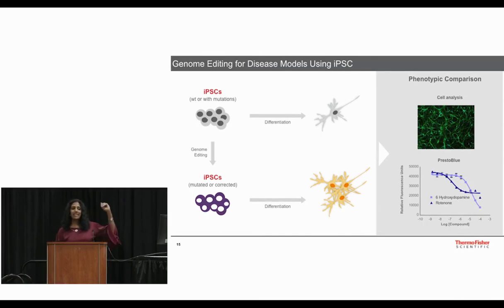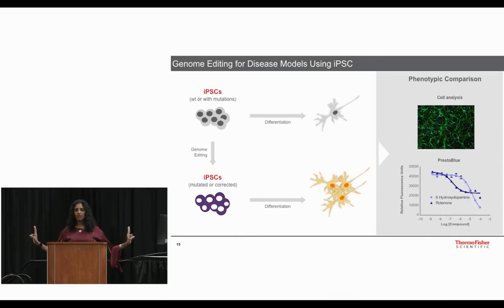Then you can take the same wild type iPSC, create a disease mutant, and differentiate that into the disease model with that specific disease-relevant mutation. So from the same parental cell line, you have the wild type as well as a mutant disease model.